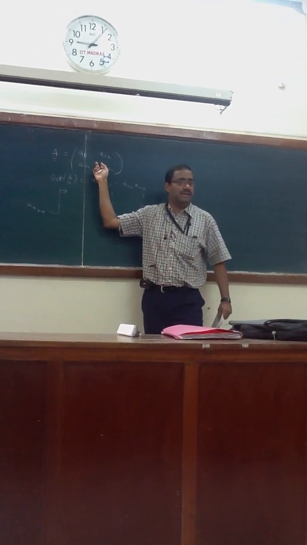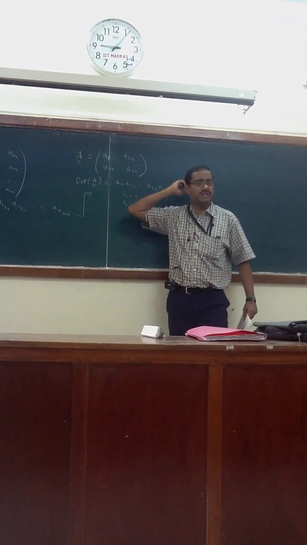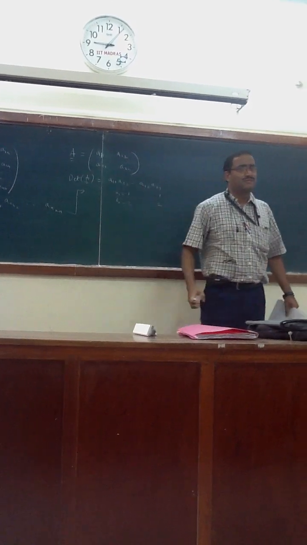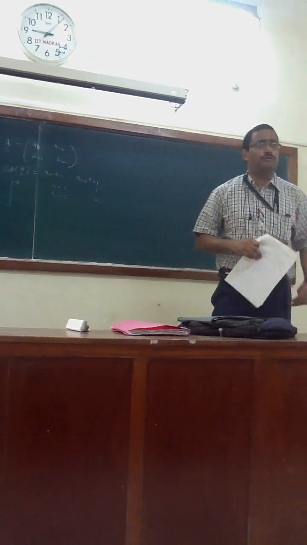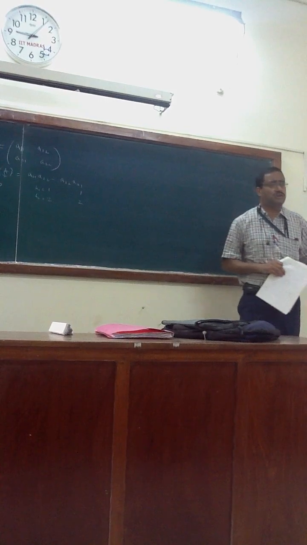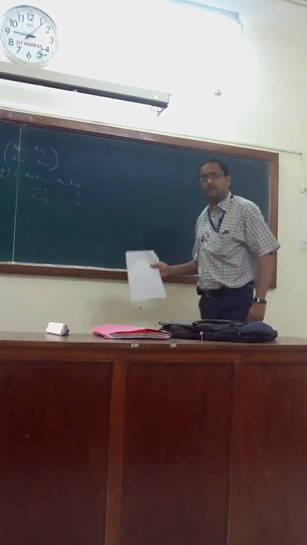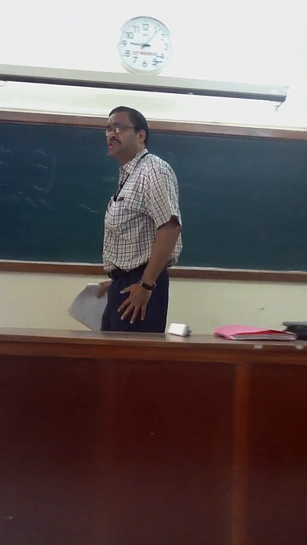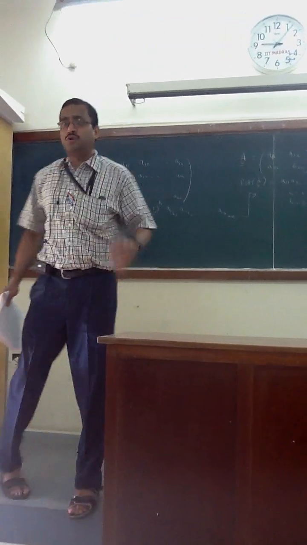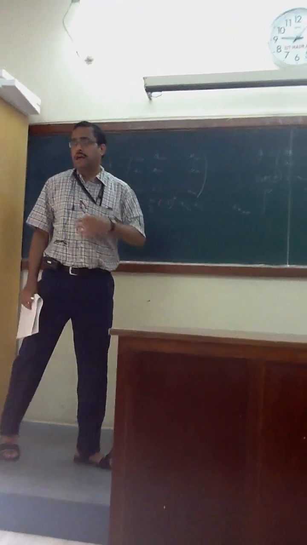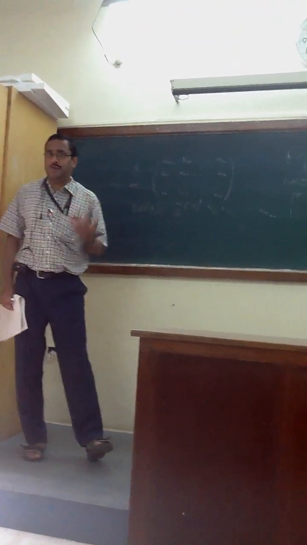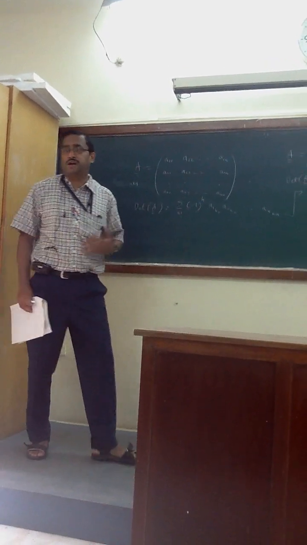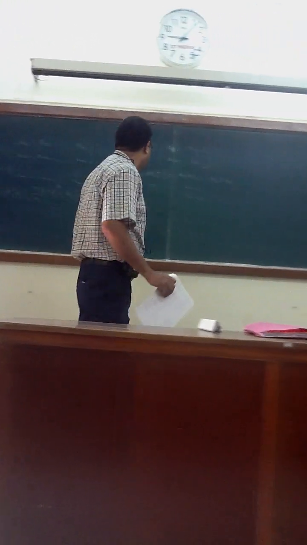For a 3 by 3 matrix, 3 factorial, that means 6 terms. For a 4 by 4 matrix, 4 factorial terms, 24 terms. For a 5 by 5 matrix, 120 terms. That way we can easily find out how many terms there will be in the determinant of A calculation.